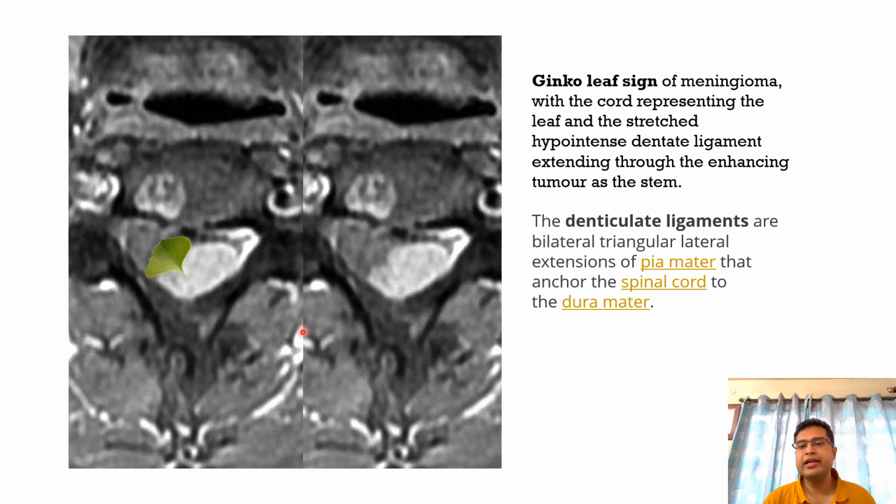The dentate ligament is present bilaterally and is a triangular extension of the pia mater that anchors the spinal cord to the dura. These are the dentate ligaments of the ginkgo leaf. So these are the two signs of the two cases that we discussed.